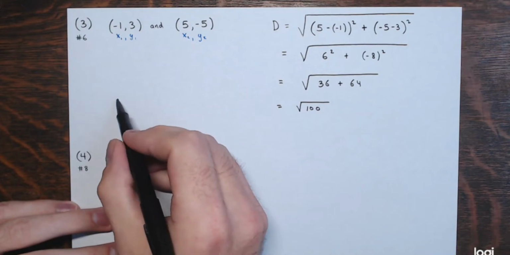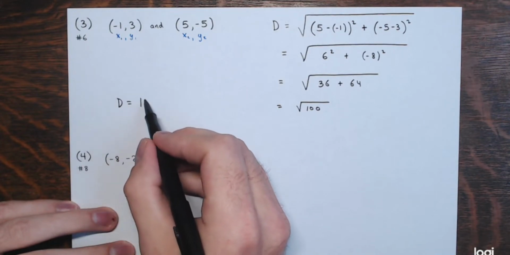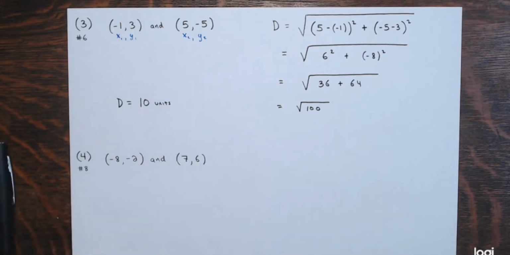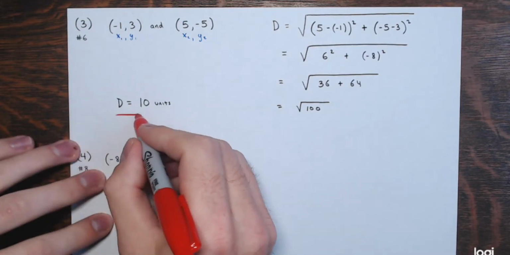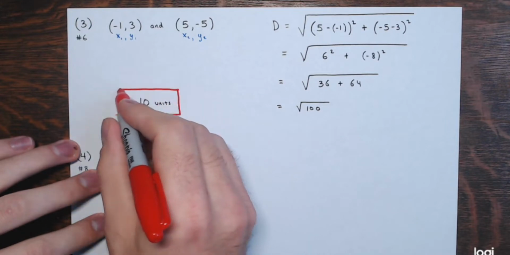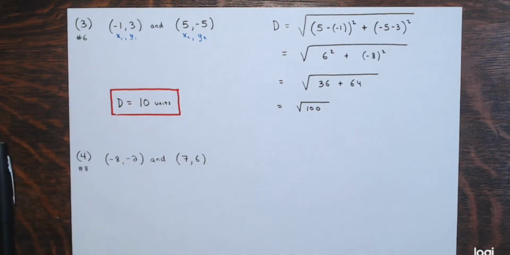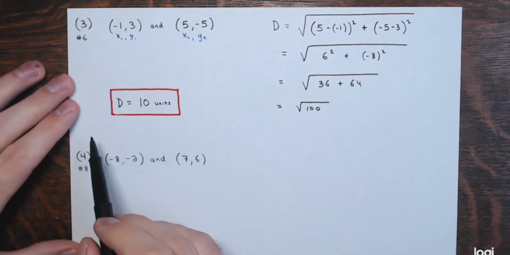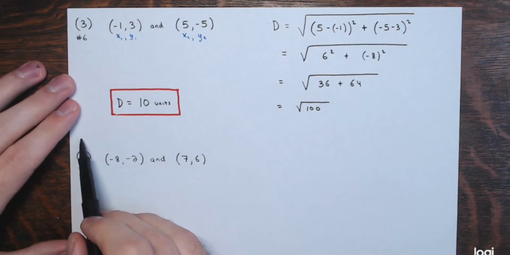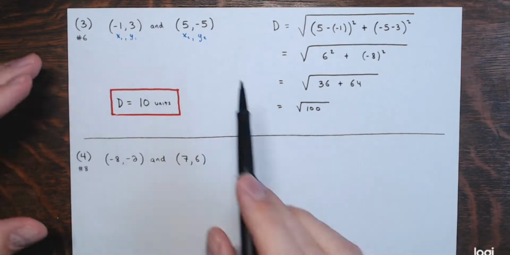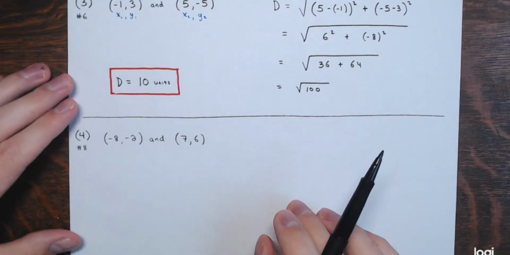The distance between these points is 10 units. Easy, easy. And again, that's nothing that needs to be rounded to the nearest tenth or punched in a calculator. It's a nice whole number again. Fantastic. Again, you can draw a picture if you want, but I'm just going to keep going using the formula.